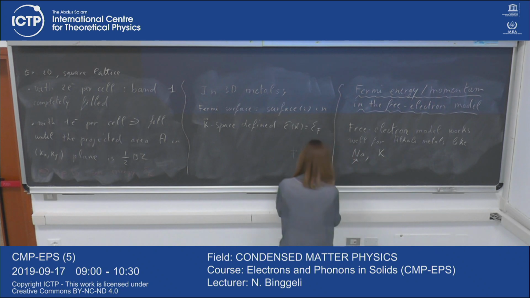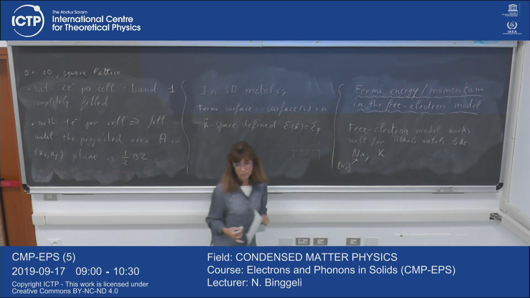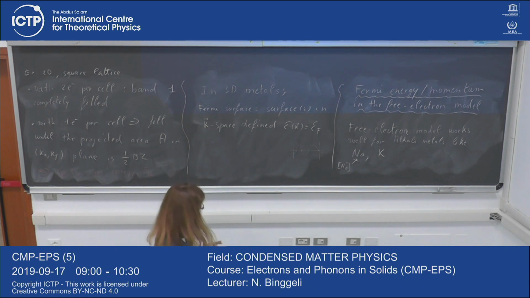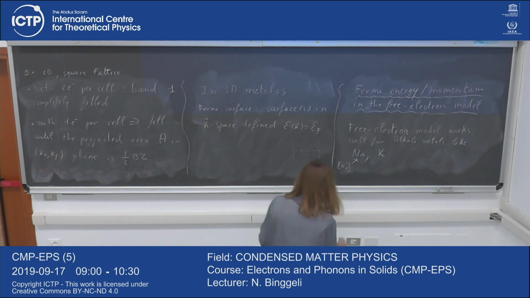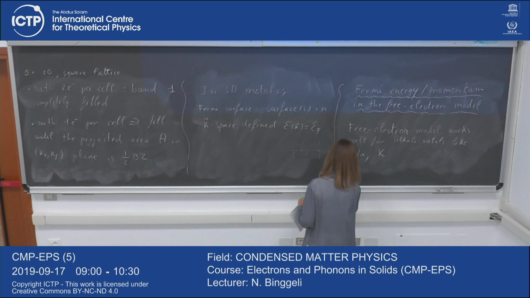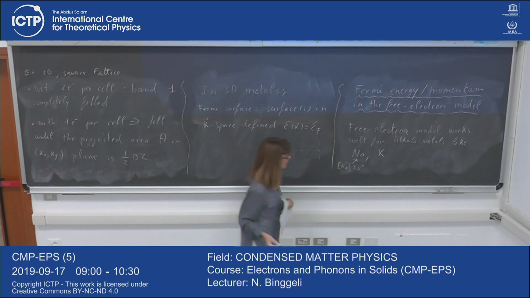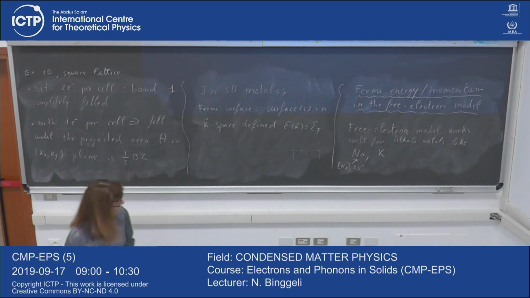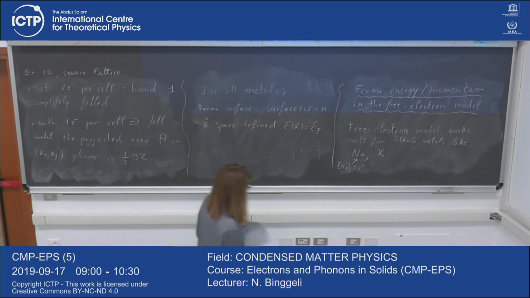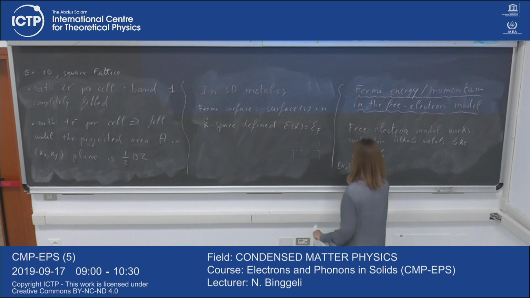Sodium, for instance, in terms of electronic shell, has the filled shell of the neon atom, so a rare gas, and then it has an n equal 3 s electron, so just one electron in the n equal 3 shell.